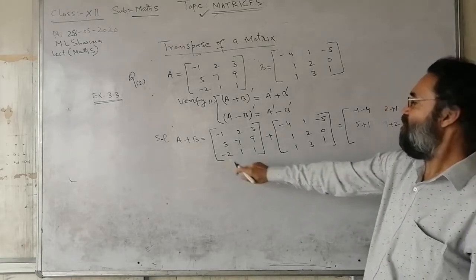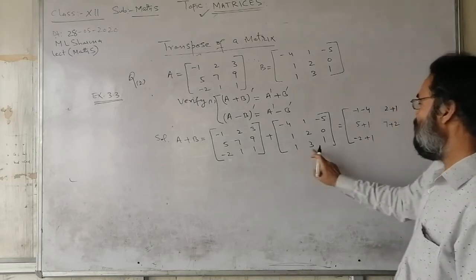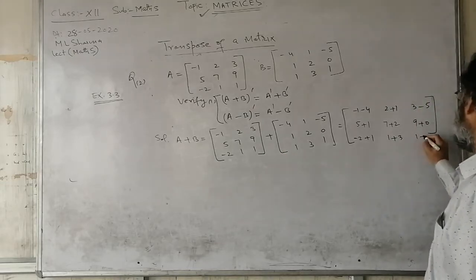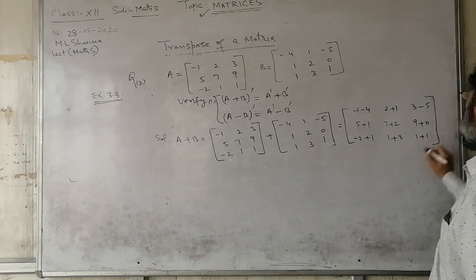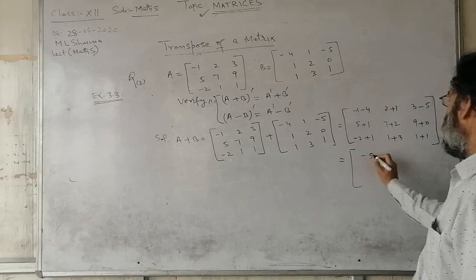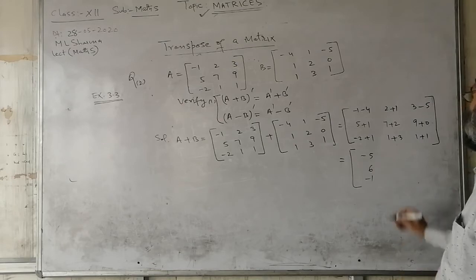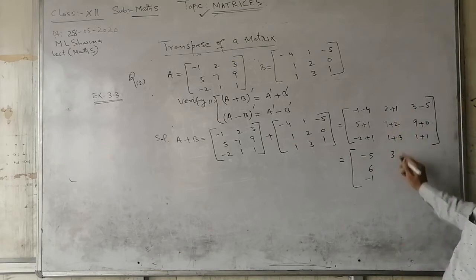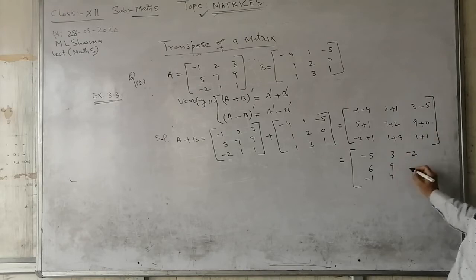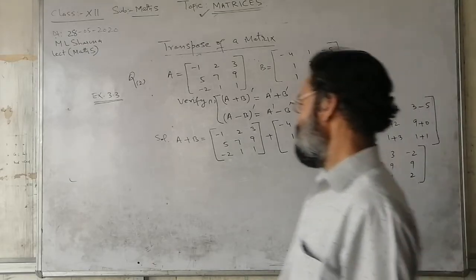Then the last third row: minus 2 plus 1, corresponding elements 1 plus 3 and 1 plus 1. So this matrix will equal minus 5, 3, minus 2; 6, 9, 9; 4, 2, and so on. So this is the value of A plus B.